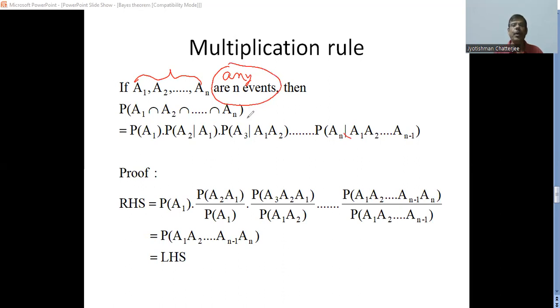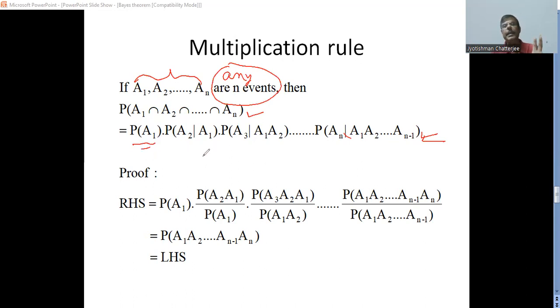Then, probability of this intersection can be calculated as this long-looking expression. Let's understand the rhythm of the formula. Probability of A1, that comes first.